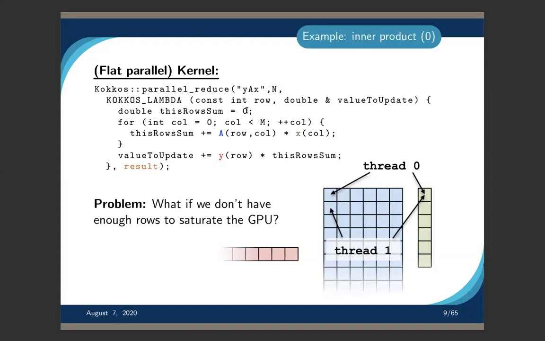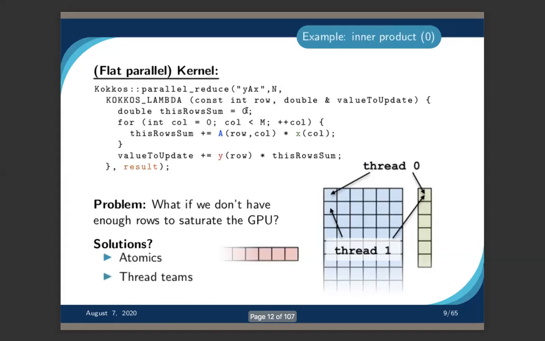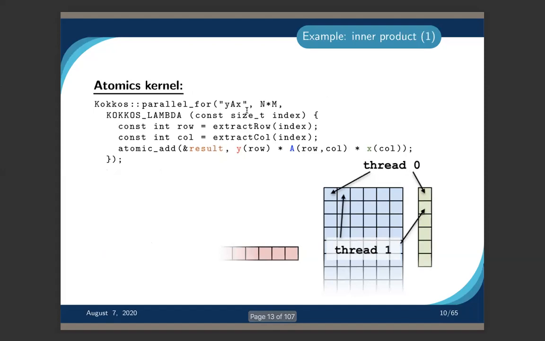What if your matrix is not 100,000 times 1,000, but 1,000 times 100,000 or 1,000 times 10,000? Where do you get enough parallelism from? There's a couple of solutions. One solution is we can use atomics. Another solution is we could write this as a multidimensional range policy. And then there are thread teams.